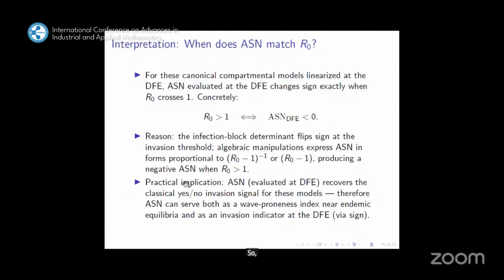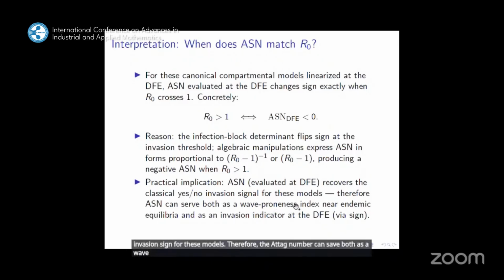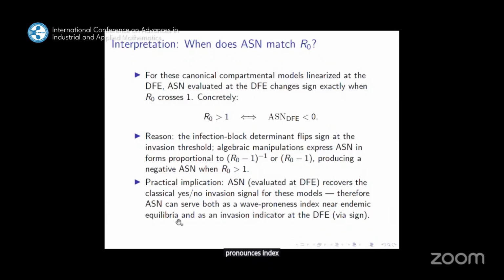The practical implication is that the Atangana strength number evaluated at the equilibrium points recovers the classical invasion sign for these models. Therefore, the Atangana strength number can serve both as a wave propensity index near endemic equilibria and as an invasion indicator at the disease-free equilibrium via the signs, of course.